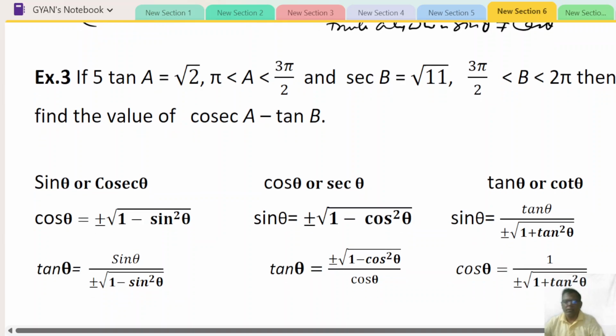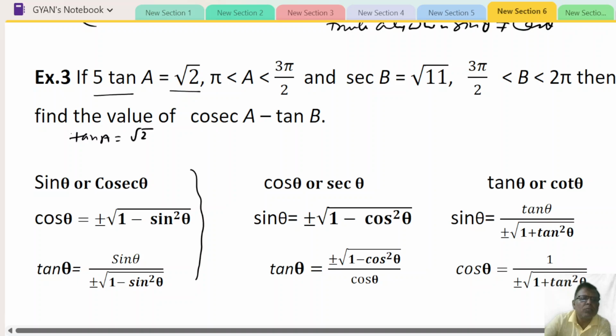This type of question, either you can solve this one or by height base hypotenuse method. So let us see first height base hypotenuse method. So here 5 tan is equal to root 2. So tan is equal to root 2 divided by 5.